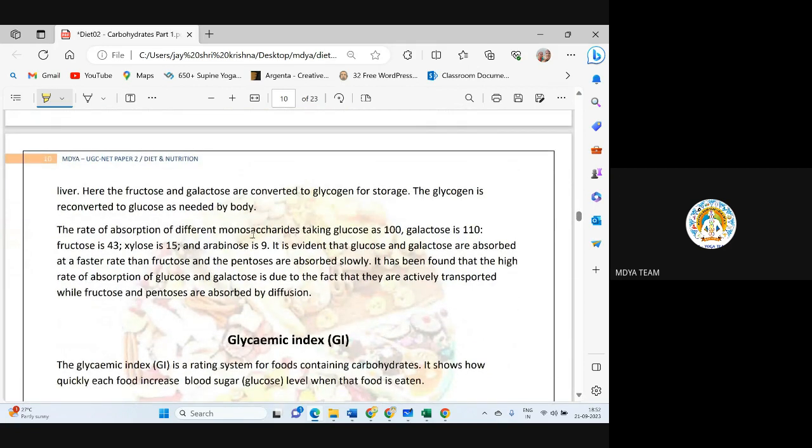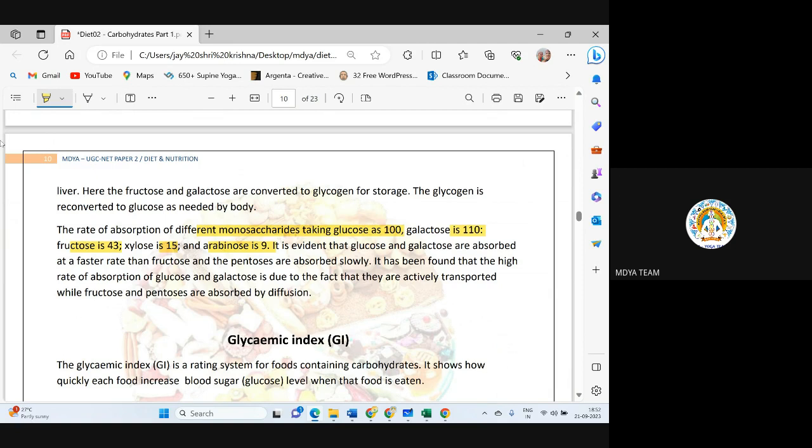The rate of absorption of different monosaccharides is different. Glucose has a rate of absorption of 100. Galactose has a rate of absorption of around 110. Fructose is very slowly absorbed, 43. Xylose is again very slowly absorbed, and arabinose is absorbed very slowly in our body.